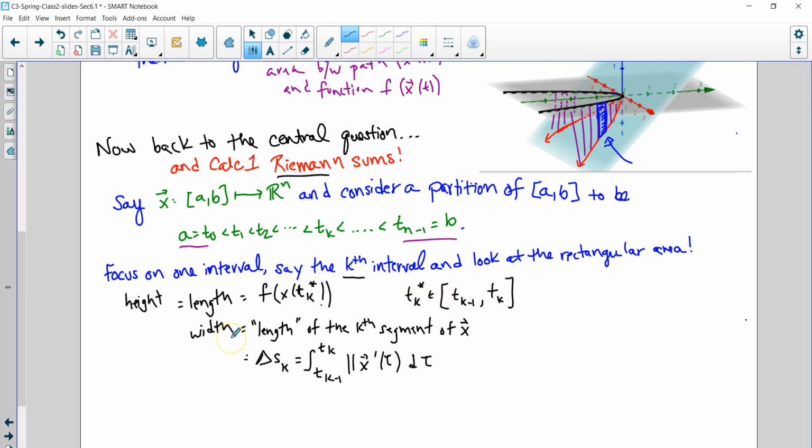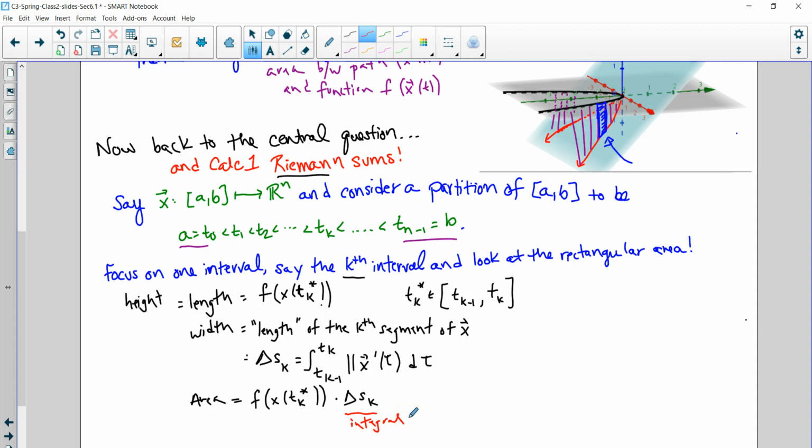Then I needed to find the width, which, if we were careful, is just the distance along the path that we travel, which I called length, and that's just arc length. So the area is just going to be the height, f of x of tk star, times delta s of k, keeping in mind that this is actually an integral.